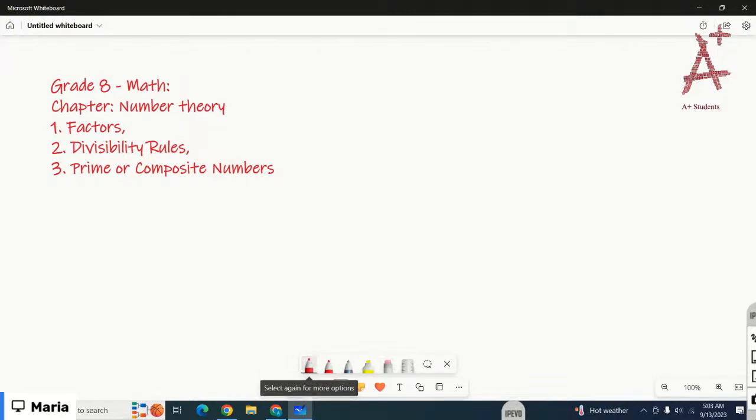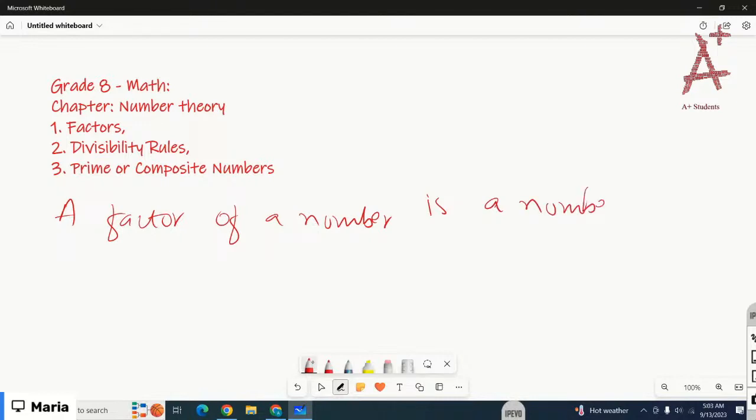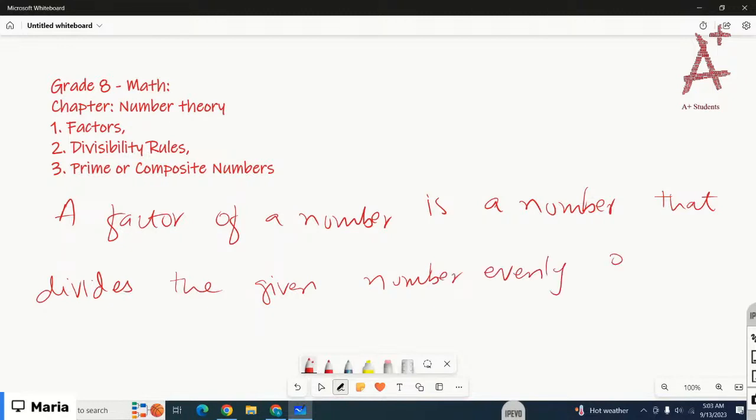So what are the factors? A factor of a number is a number that divides the given number evenly or exactly, leaving no remainder, right?